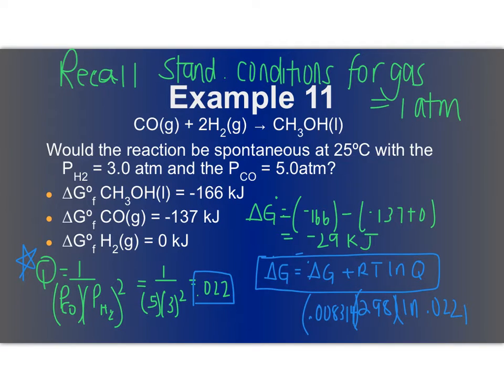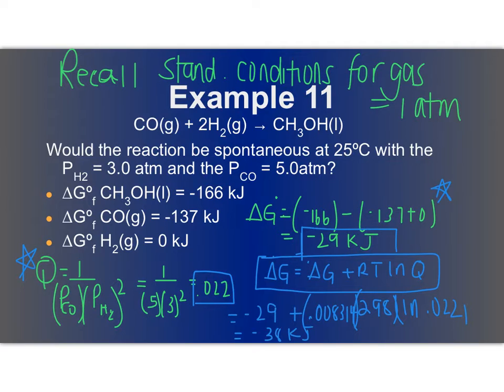I'm then going to calculate the delta G at standard conditions using the sum of the free energy of formation of the products minus the free energy of formation of the reactants. That's going to give me negative 29 kilojoules, and I will add that into my equation. That's going to give me a delta G of negative 38 kilojoules at non-standard conditions.